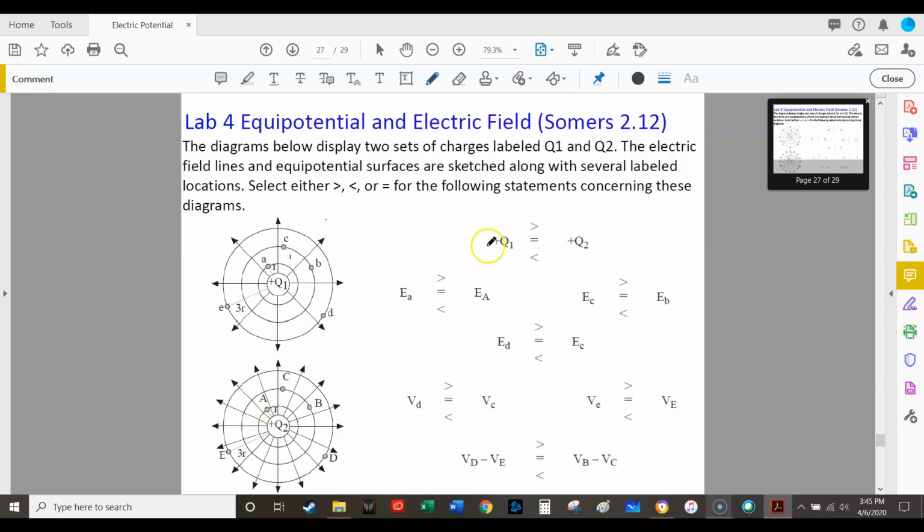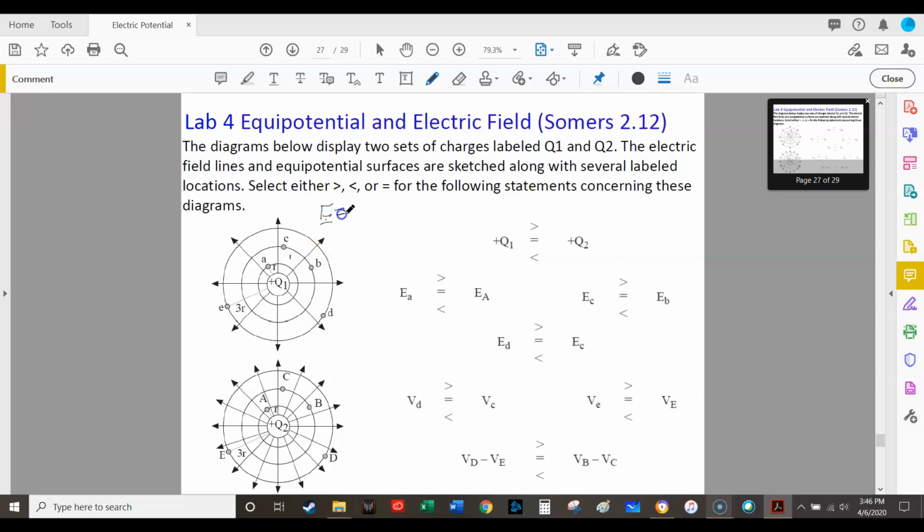Because starting off, you have to figure out which one has more charge on it. Well, does Q1 have more charge, equal amount of charge, or less charge than Q2? Well, what we learn with the electric field stuff is that the number of electric field lines is analogous to charge, right?